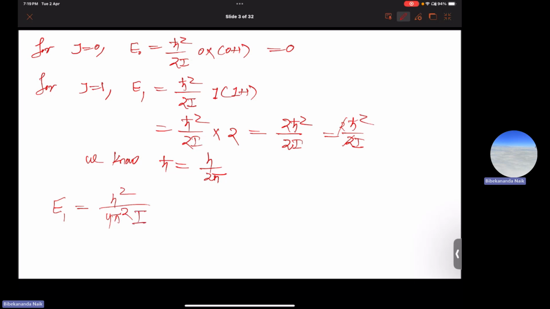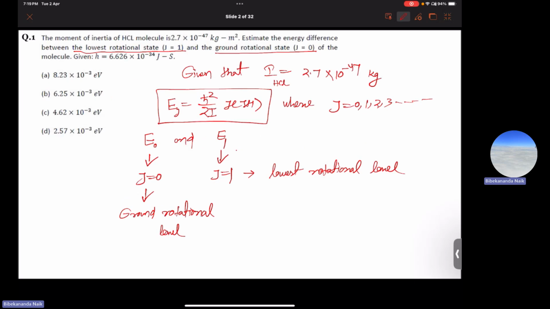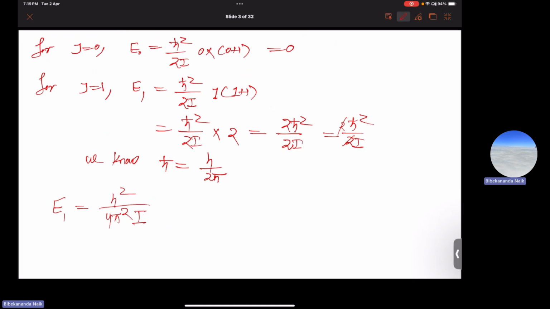So now see, the value of I is given and h is also known to us. So now the energy difference is nothing but E1 minus E0.